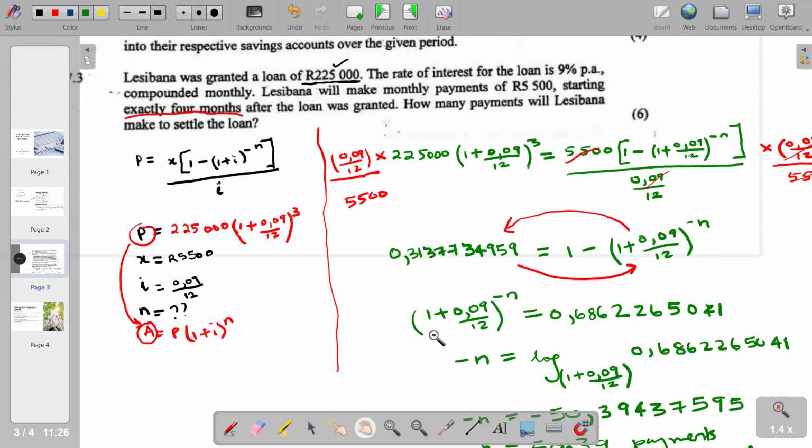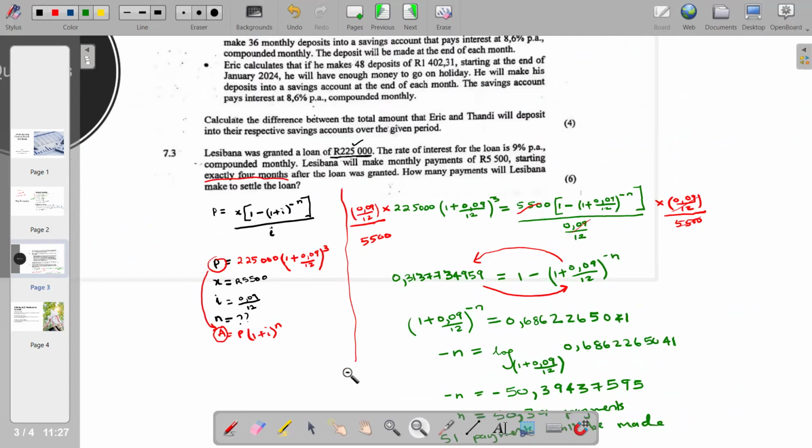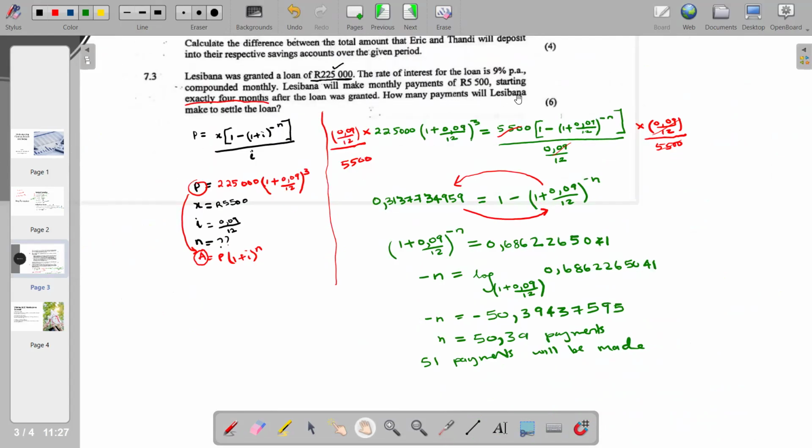In this case, if you check, the question strictly asks, how many payments will Lesbana make to settle the loan? So it means the payments will be 51 payments. 50 payments are of 5,500, and the last payment, the 51st, will be less than 5,500. But if the question was asking how many payments of 5,500 will Lesbana make, it means we are having 50 payments of 5,500.